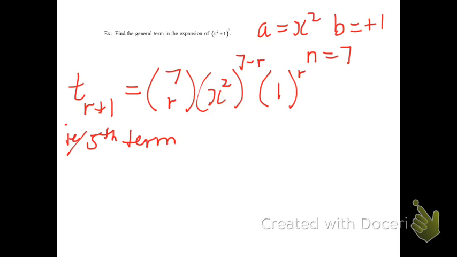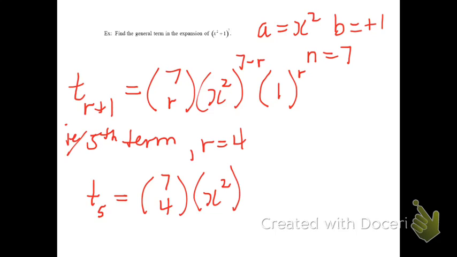So if we're looking for the fifth term, then we're talking about r being 4, right? So term 5, which is our r plus 1, is going to be equal to 7 choose r, which is 4, x squared, and then it's 7 minus r, so 7 minus 4, which is 3, and then 1, and that's whatever r is, which in this case is 4.